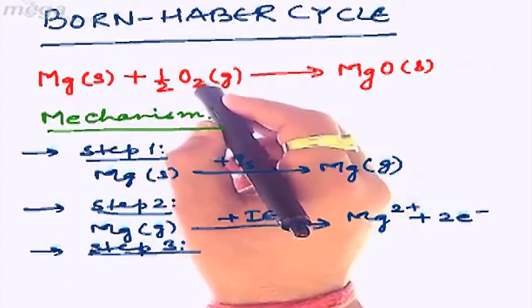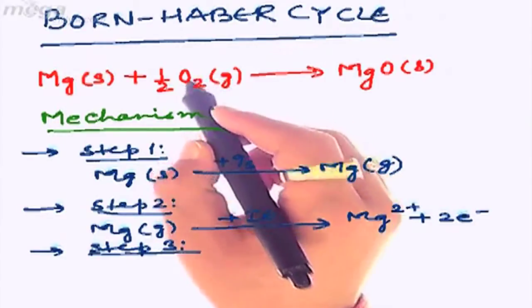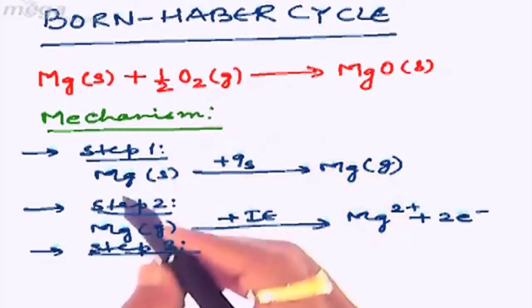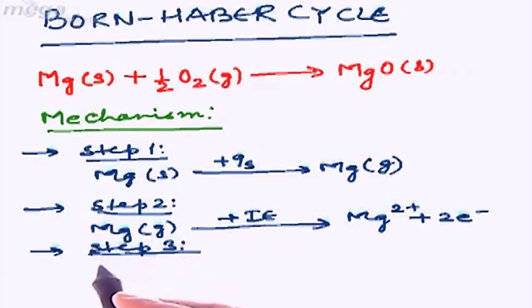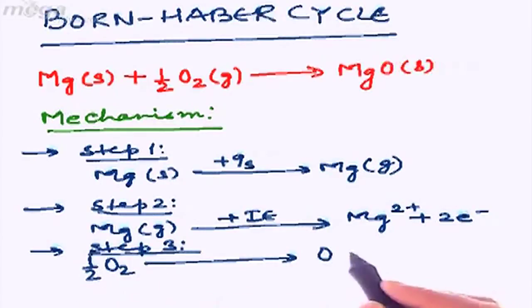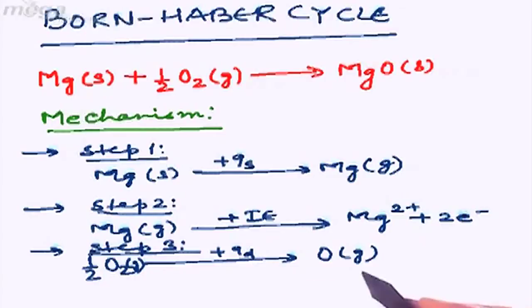Here oxygen is in the form of O2, a combined state, so we first have to convert it into an isolated state. In step 3, half O2 is converted into O gas, and this again requires energy, which we call the heat of dissociation.